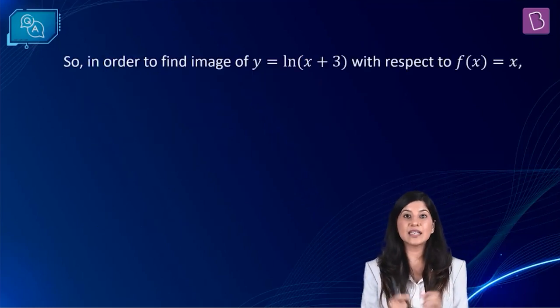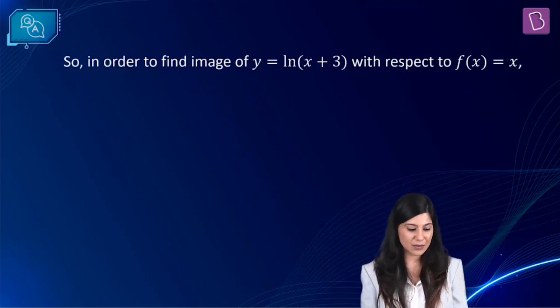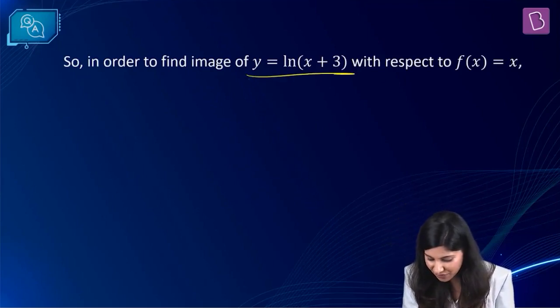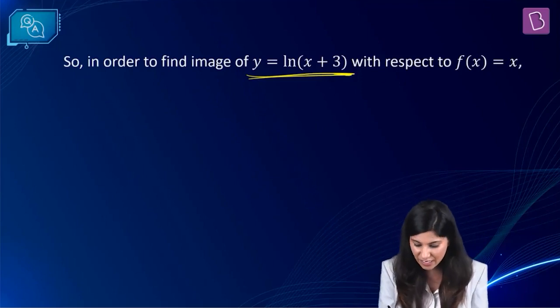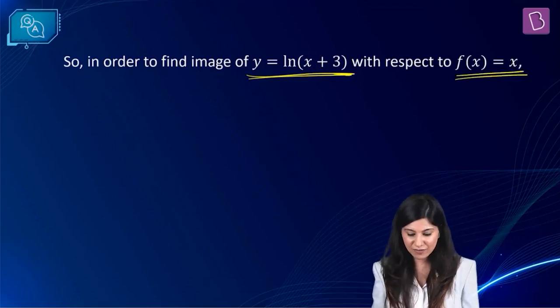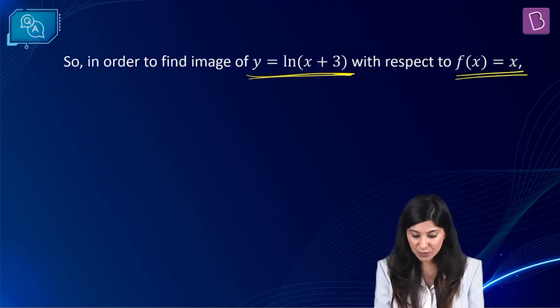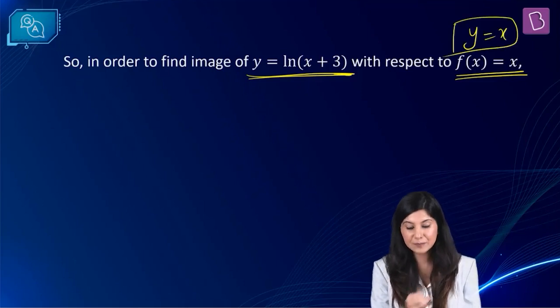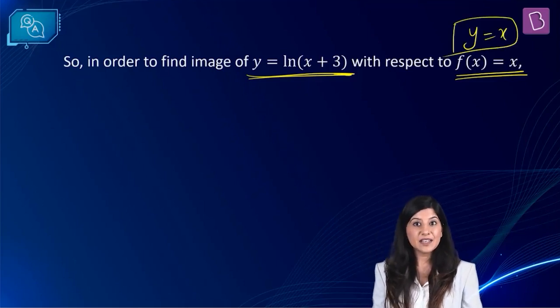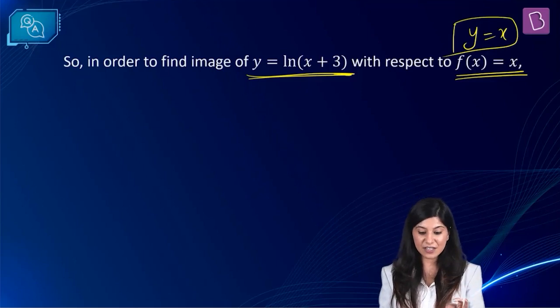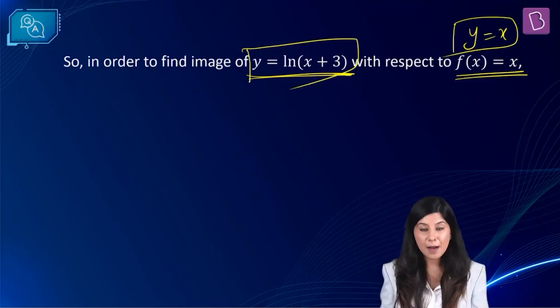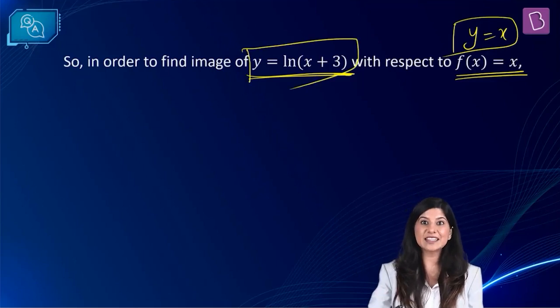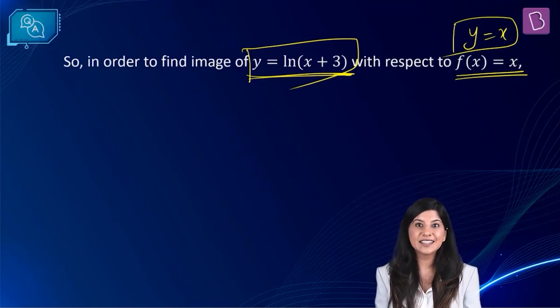Let's now read out the second half of the question proudly. In order to find the image of y equal to ln x plus 3 with respect to this particular function, f x equal to x or y equal to x. Mirror image or image of any function about the y equal to x line is nothing but its own inverse.